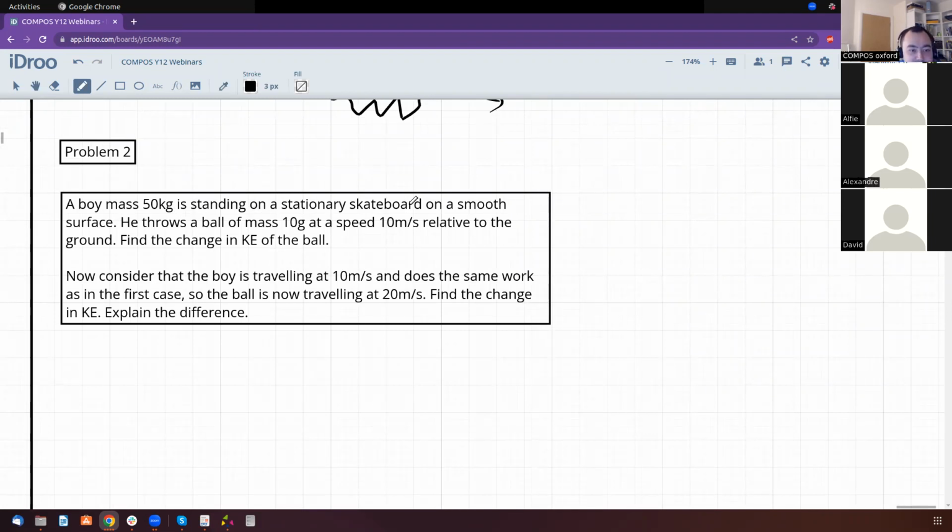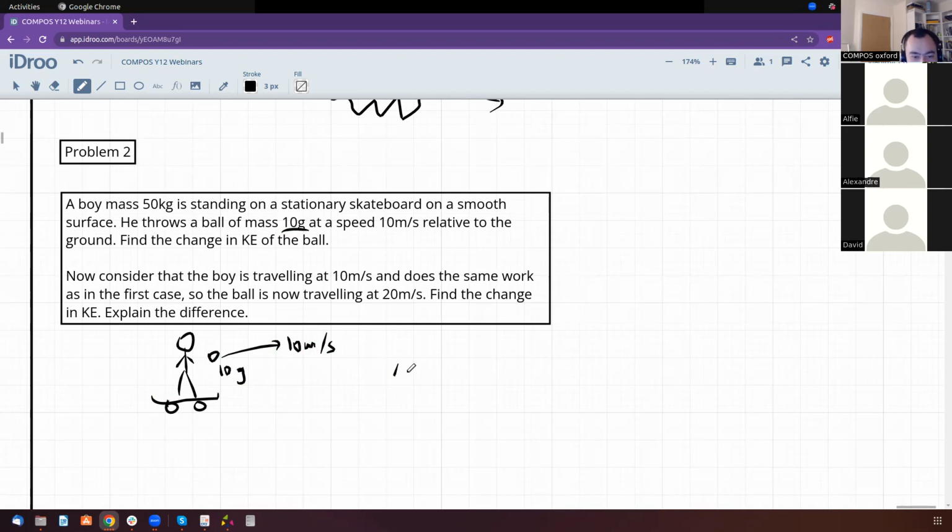A boy is on a skateboard, and he is throwing a ball of mass 10 grams at a speed of 10 meters per second. And find the change in kinetic energy of the ball.